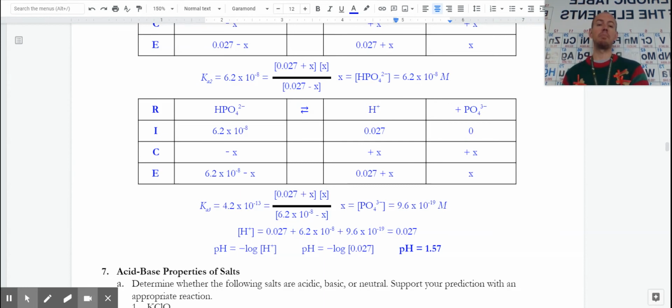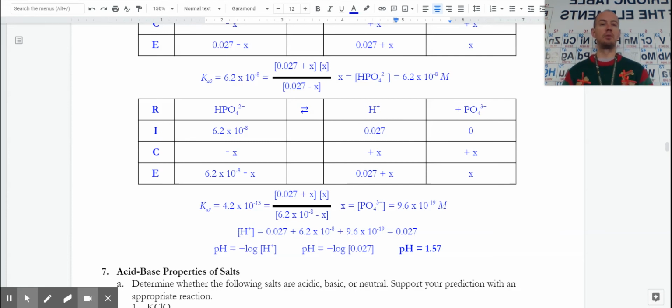The most important part is to realize how little of it actually turns into the total ending base, or the phosphate ion without any hydrogen ions or protons. So when we do that, we find out that x is equal to this, and our hydrogen ion total concentration is this, plus a tiny decimal, plus a tinier decimal, to give us really just the hydrogen ion concentration from the first one. When we do the negative log of that, that gets us our pH.